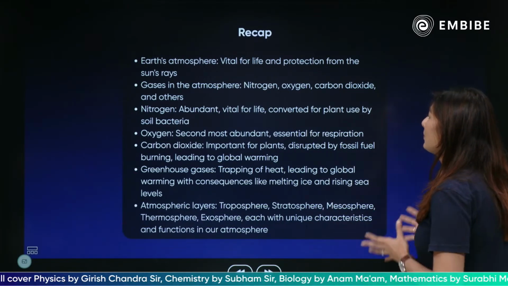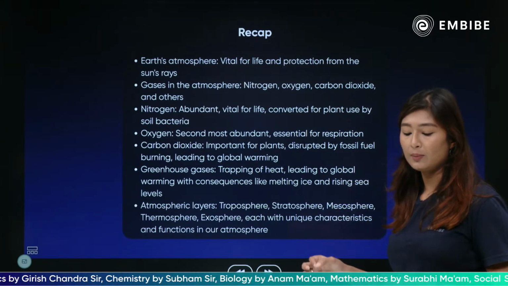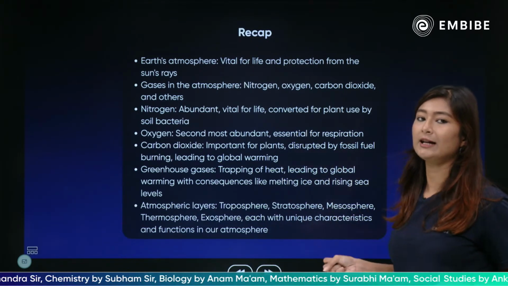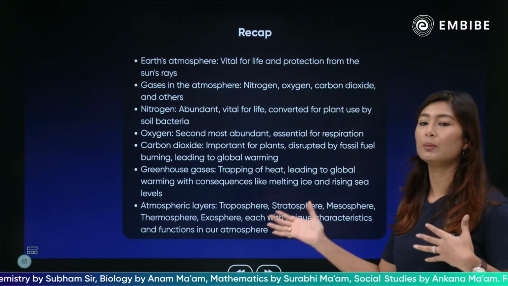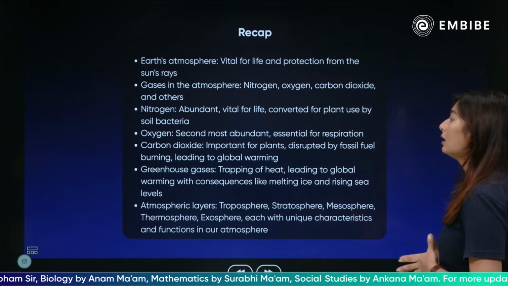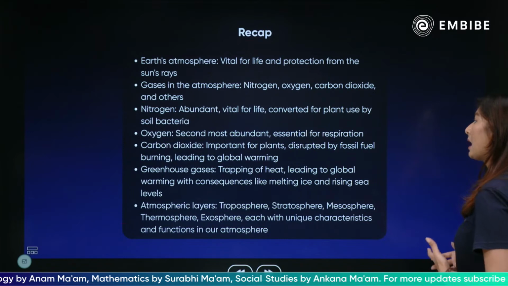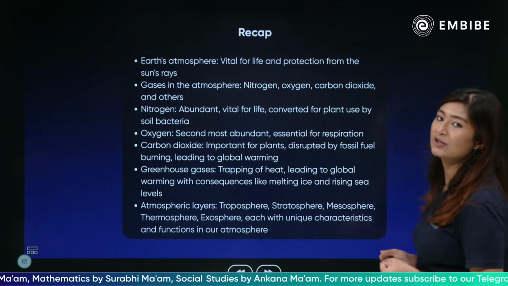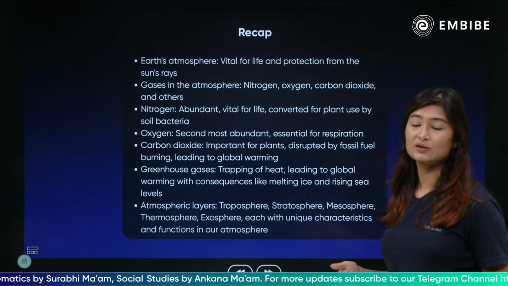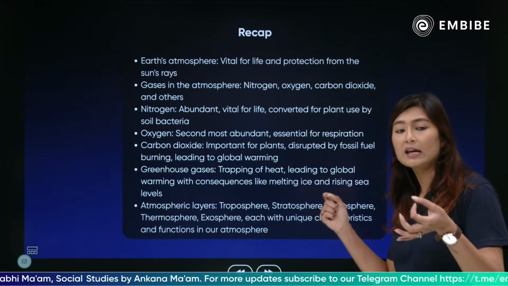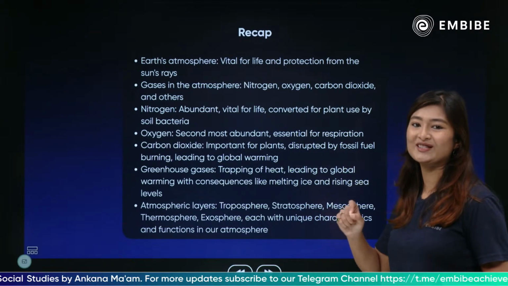It is converted for plants by the soil bacteria because plants are not able to directly take it and consume it like oxygen and carbon dioxide. Then we understood that oxygen is the second most abundant. It is absolutely essential for life to exist because in the respiration process, the gas that is consumed is oxygen.